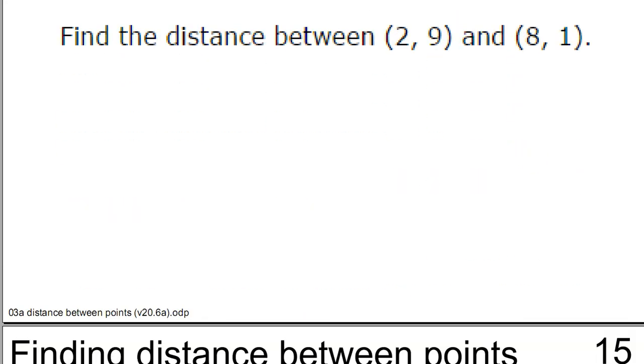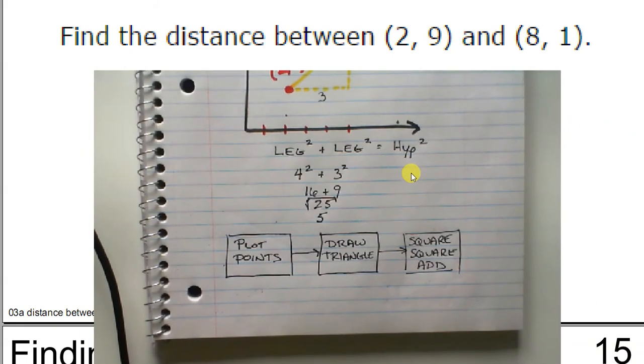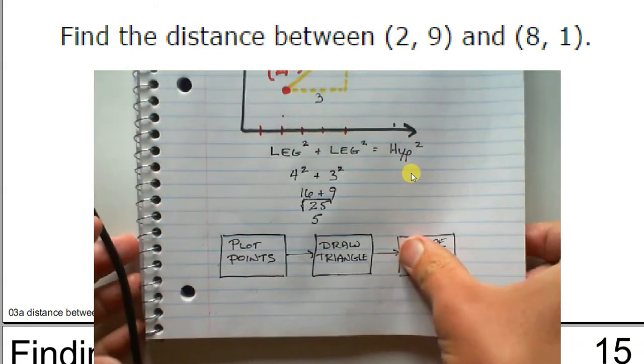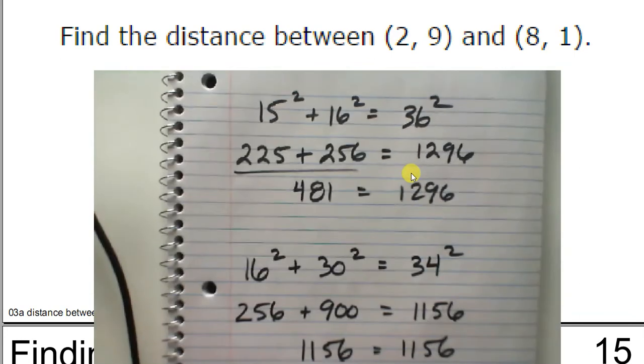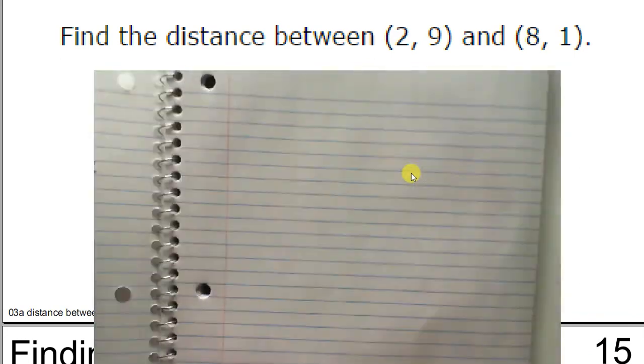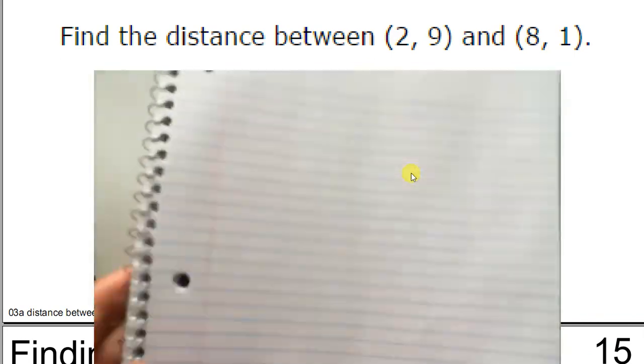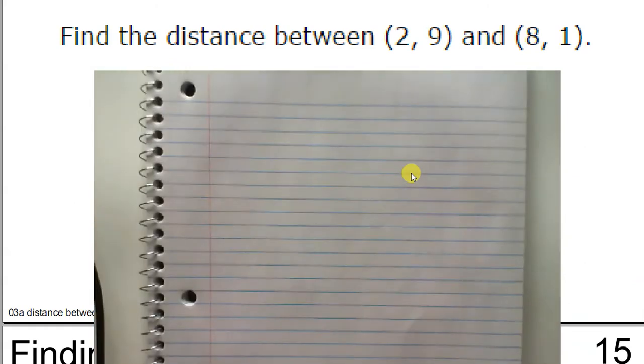All right, (2, 9) and (8, 1). Let's see if I can do this. No, I'm going to use paper for this one. This is not going in your notes. This is just me doing the problem. So I'm going to plot the points. Actually, let me start with the coordinate system.